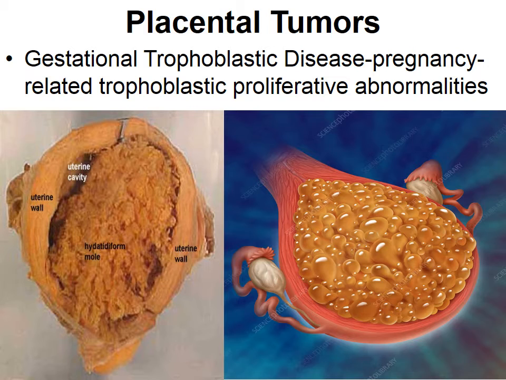The incidence in the US is approximately 1 in 1,500 pregnancies, with a recurrence rate of 1 to 2%. It is associated with low dietary carotene consumption and vitamin E deficiency. Partial moles are associated with history of infertility and spontaneous abortion. The genetic constitution of the two types of molar pregnancy is different.